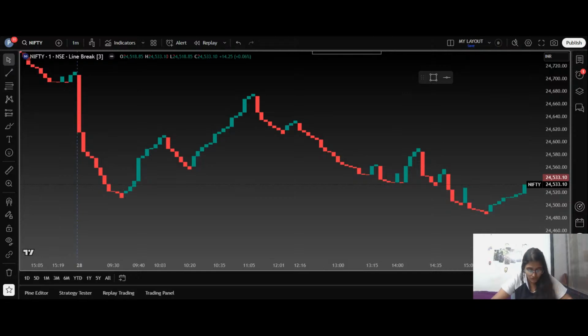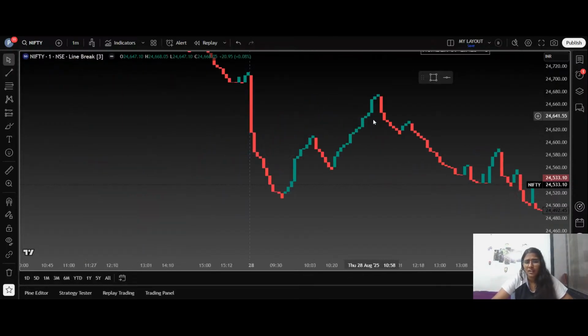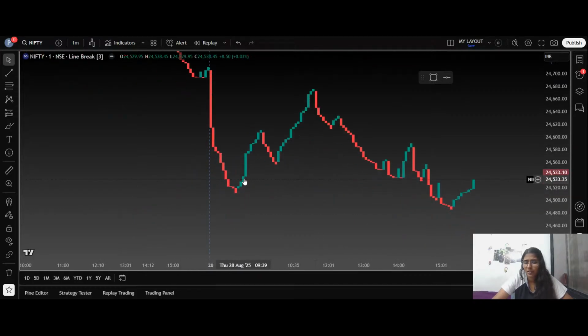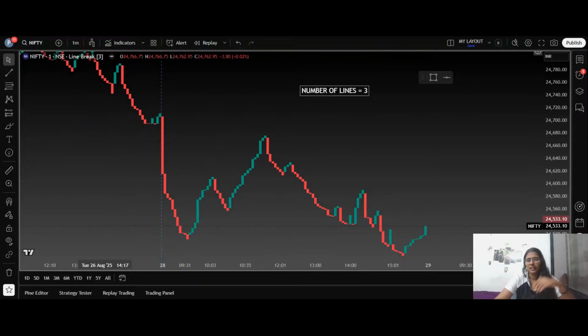So the direction changes only if the close moves against the trend enough to break the number of previous lines. Suppose they are making a downtrend here, and they break the number of previous lines enough. So to break all the downtrend, they have to move to all the uptrend. 3 lines they have to take. Why 3 lines? Because the default setting I took here is 3 lines. Then only can we change the direction in a line break chart.